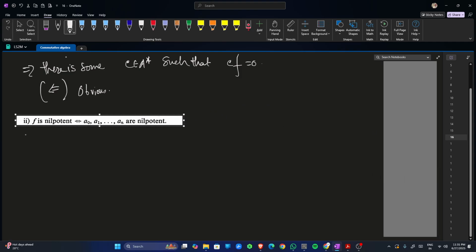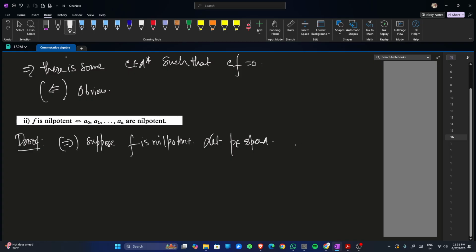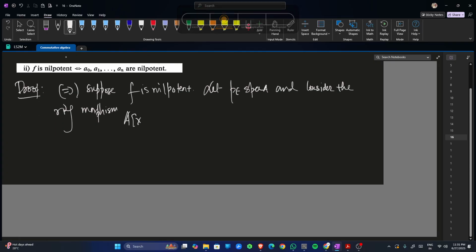Proof. Suppose f is nilpotent. Let P belong to Spec A and consider the ring morphism theta from A[x] to (A mod P)[x].